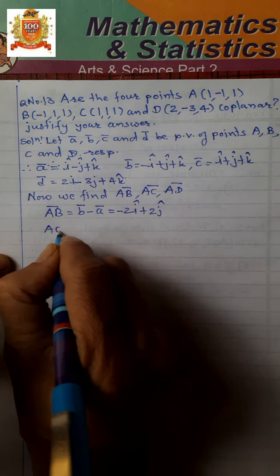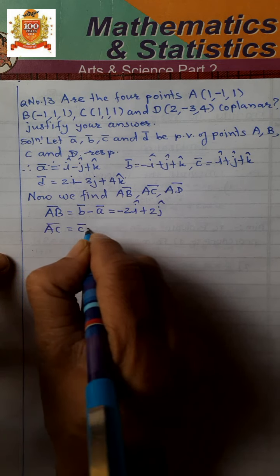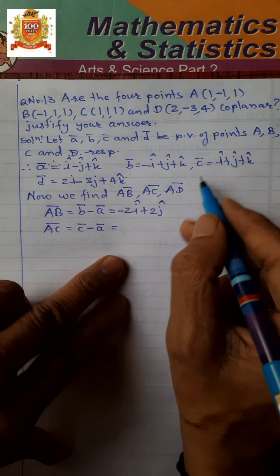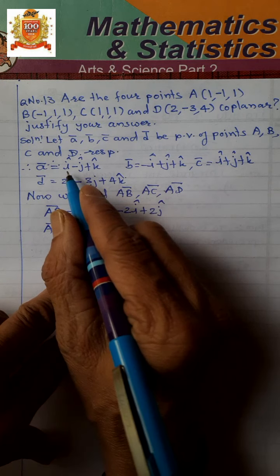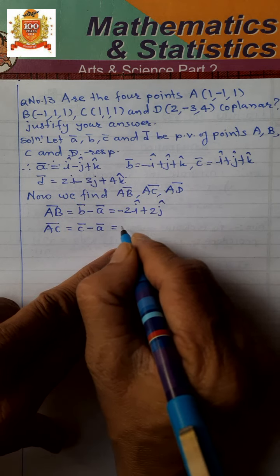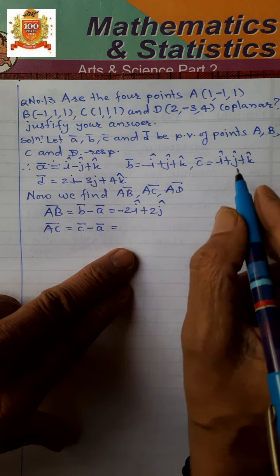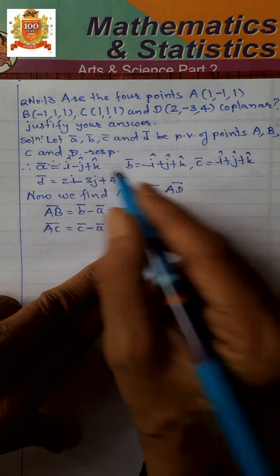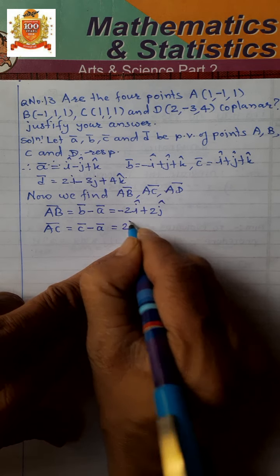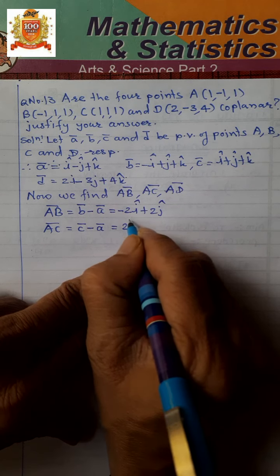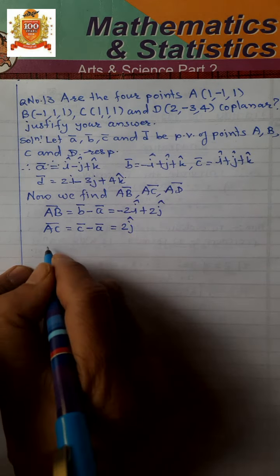Now, AC bar is equal to C bar minus A bar, which is equal to C bar i minus i, that is 0i, no need to write. Then minus j plus j, that is 2j. 1k minus k, 0k, means 2j. This is AC bar.